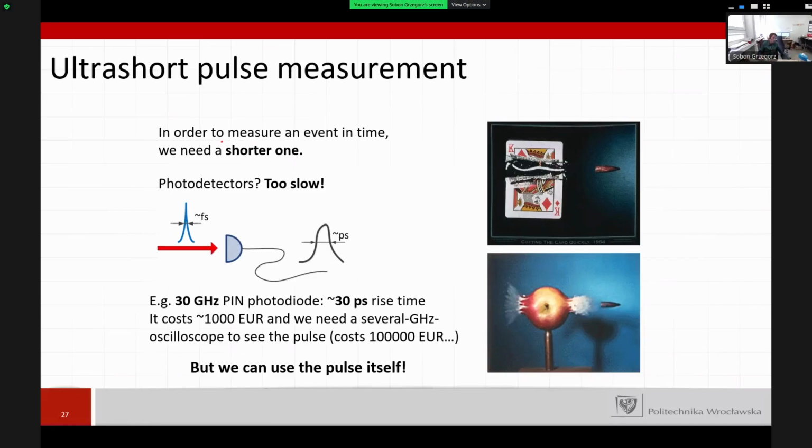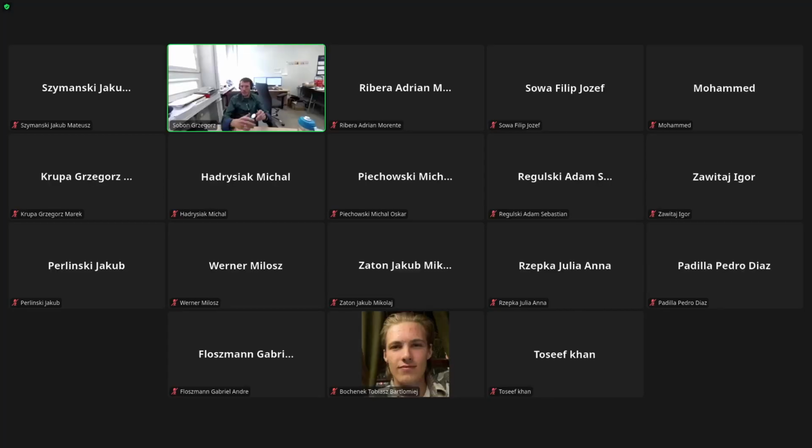So for example, if you want to measure the length of something, let's say, height of a person, which is 1 meter and 80 centimeters tall, then you just need a ruler, like the ruler that I have here. I hope you see it.